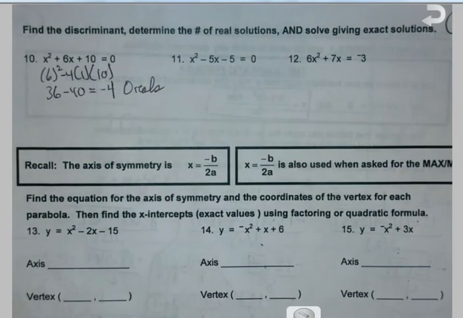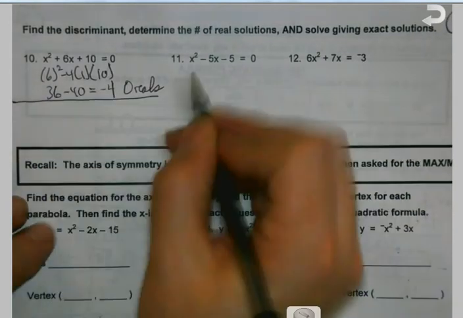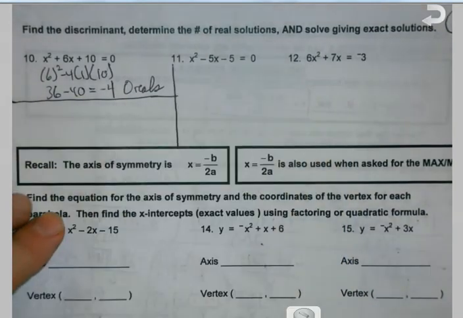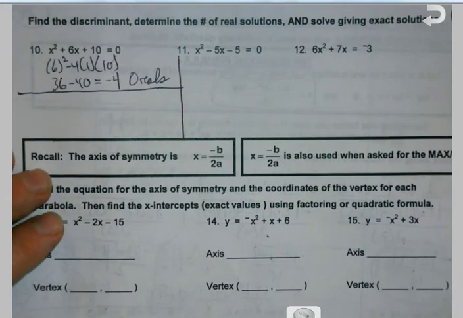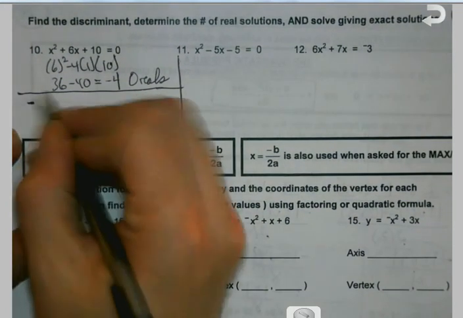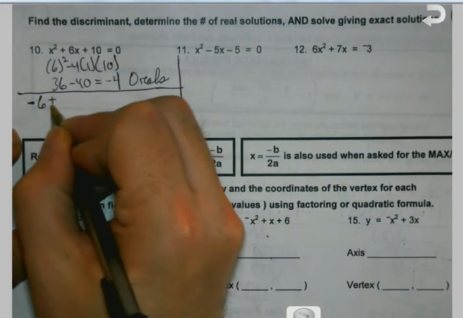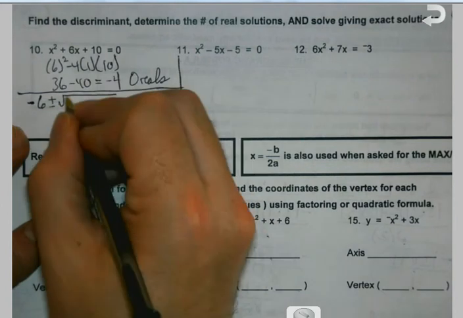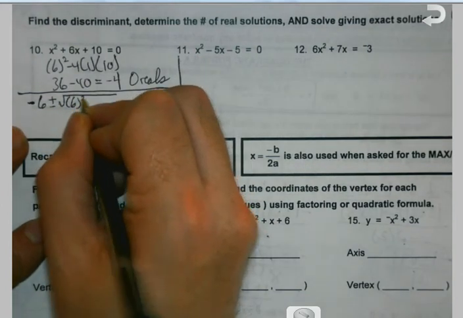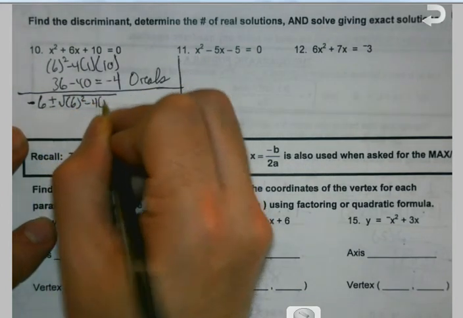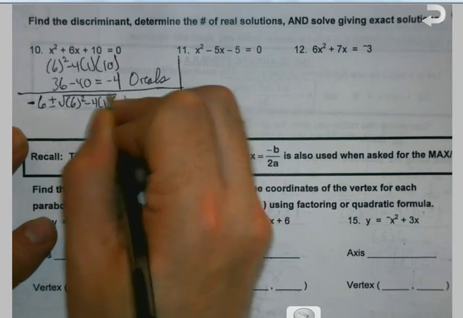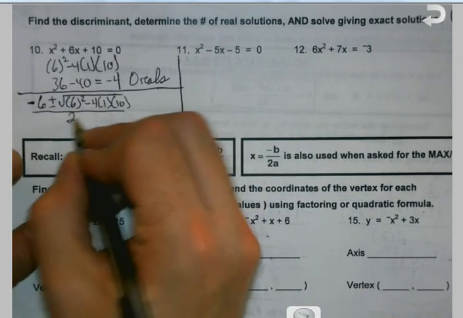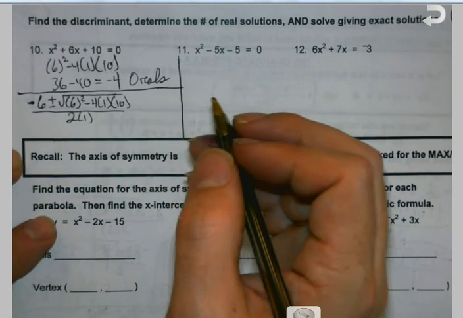So what's that telling me? It tells me i is going to be somewhere in my answer. So the discriminant gives me some hints. So now, when I go to actually find the answer, let's see, negative b plus or minus the square root of b squared minus 4ac all over 2a. Okay, let's see what we got here.